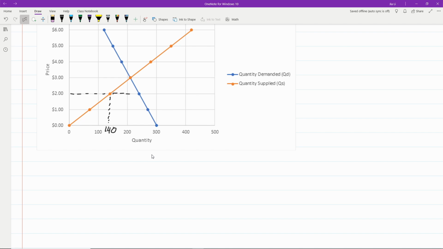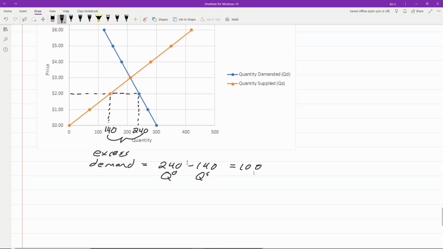Then keep going across until we hit demand. That's the blue point right here, and that's 240 bags of chips that customers want to buy. So excess demand is represented by the difference between these two numbers. Excess demand is 240 minus 140, that's QD minus QS, which is 100 bags of chips, right?